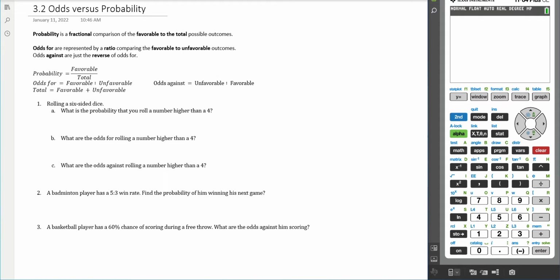So odds versus probability. Probability is the comparison of favorable to the total outcomes, and we usually represent this as a fraction, or sometimes as a decimal.